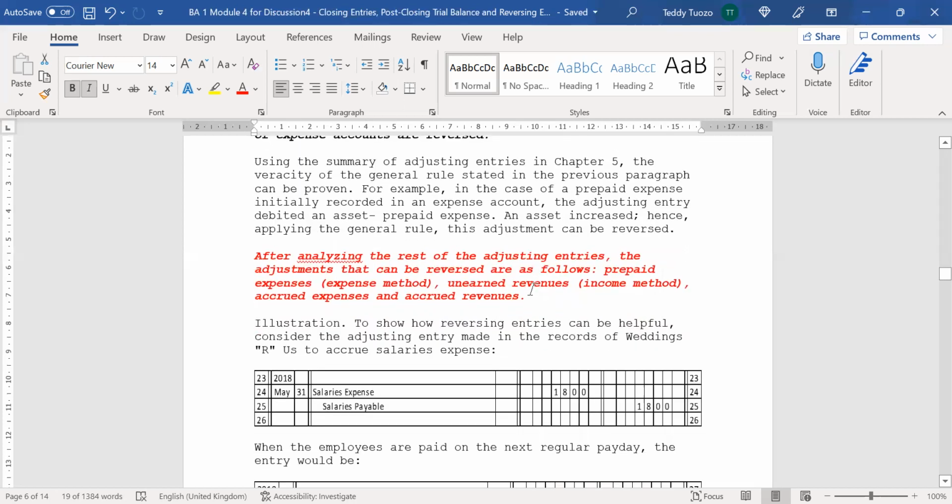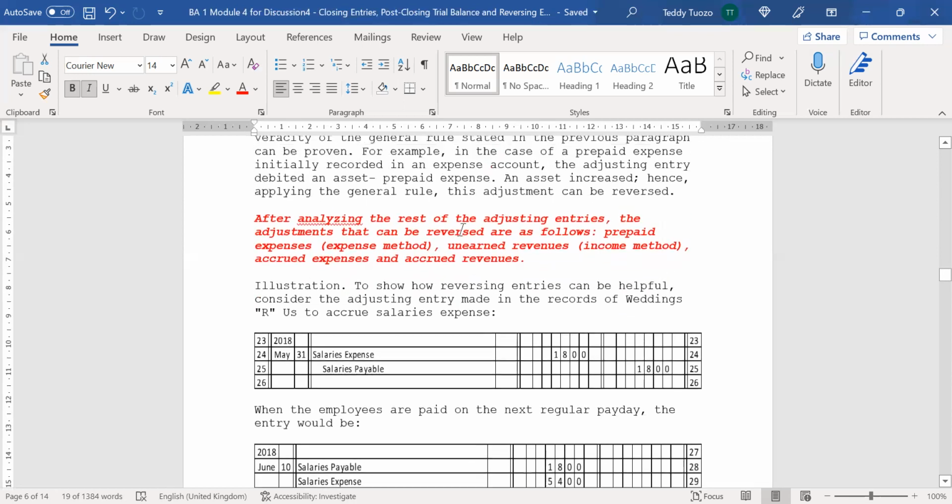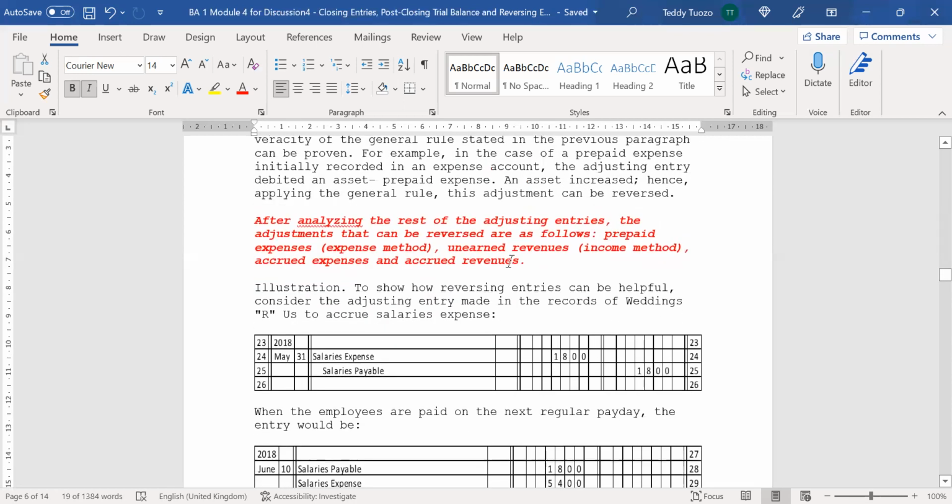Okay. After analyzing the rest of the adjusting entries, the adjustments that can be reversed are as follows: atong prepaid expense, expense method, unearned revenues, income method, and accrued expenses and accrued revenues. But of course, I did not touch anymore atong expense method and income method in recording income and expense.